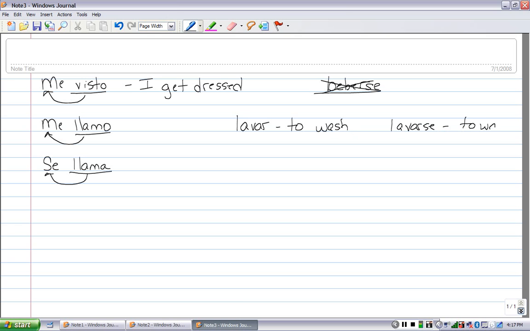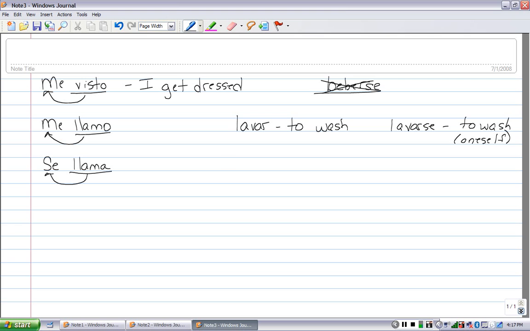Lavarse means to wash oneself, meaning that the action of the verb wash is being done by the subject of the sentence. Like if you say, I wash my hands, she washes her face, they wash their feet, etc.